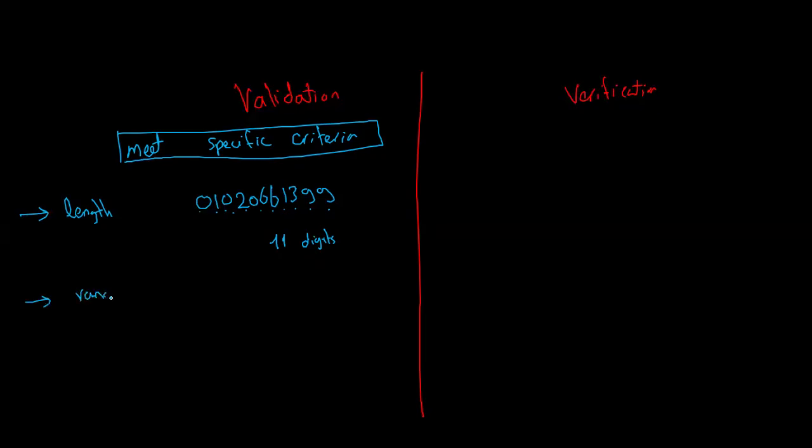Maybe the validation is range, like score. We mentioned that we have a valid score, more than or equal 0 and less than or equal 100. Okay, so this is the valid range. Sometimes the validation is data type.